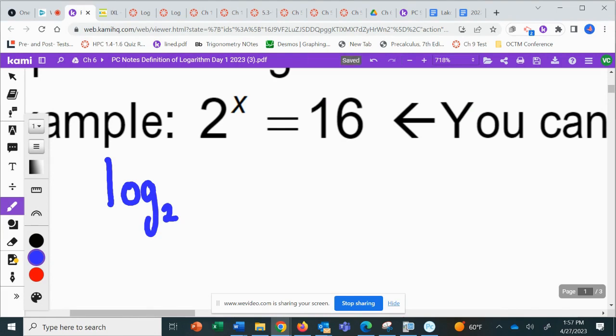So this little 2 is kind of like a subscript where it goes down below. We say log base 2. Next to that log base 2, we have 2 to the x. So I'm putting it in the equation to undo the 2.